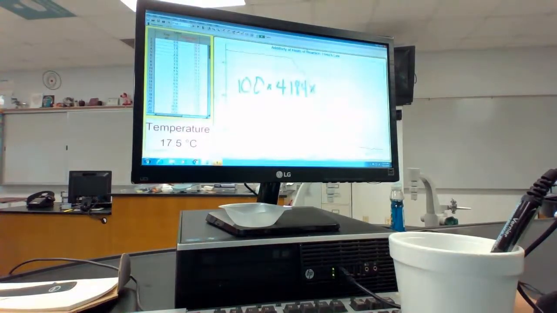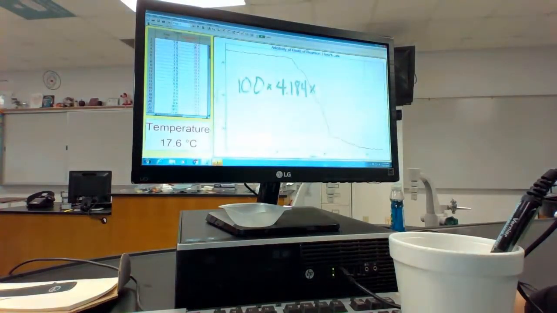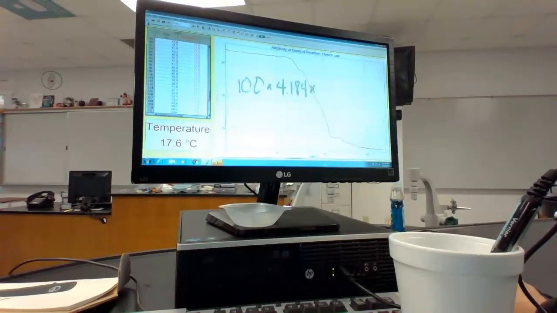My beginning temperature was 20.4, but my ending temperature, which was my lowest temperature, came out to, let's see, all the way to the bottom here, 17.5.